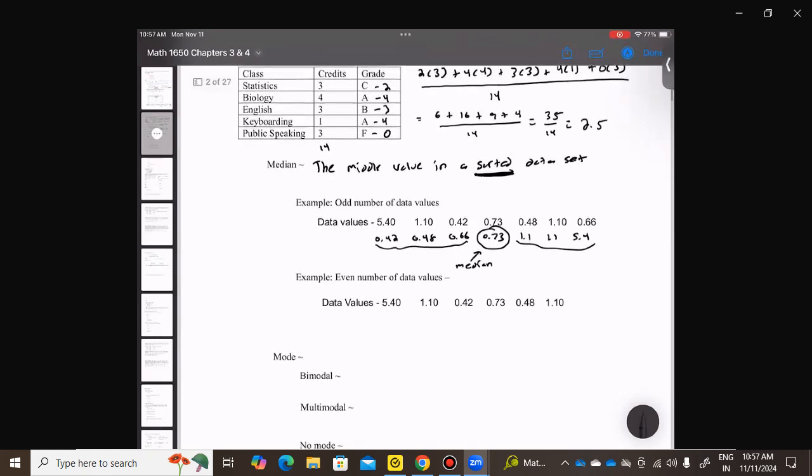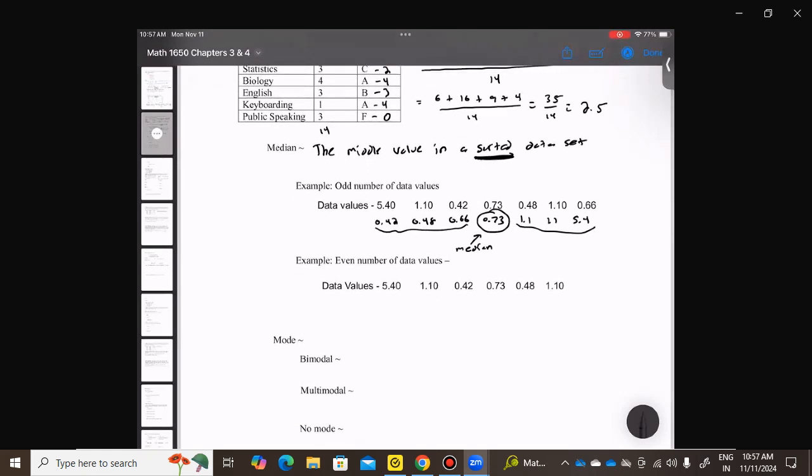Even numbers, what we do is, again, we sort the data values. So 0.42, 0.48, 0.73, 1.1, 1.1, and 5.4. And instead of having the middle number, we have the middle two numbers. We just take the average here.